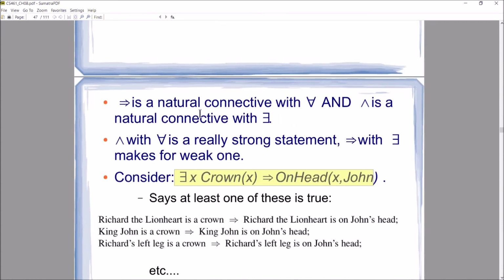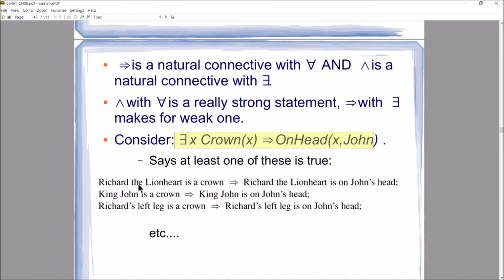The premise, Richard the Lionheart is a crown, is false. Since that's false, according to the truth table, the whole thing evaluates to true. Therefore, this sentence, there exists an X such that if it's a crown, it's going to be on the head of John, is true.